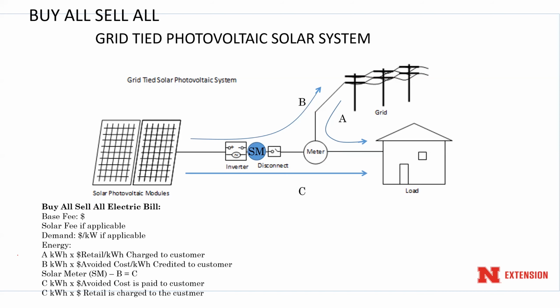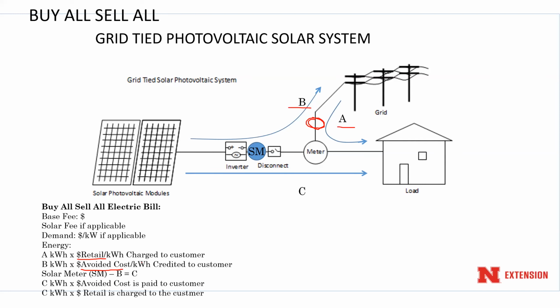Buy all, sell all is a little bit of a different situation. In this case, again, I'm going to buy all of A at retail. I'm going to sell all of B at avoided. But in a buy all, sell all, they're going to add a second meter. And they're going to add a second meter that's on, in this case, the customer side of the meter. Actually, think about the meter being here in most cases. I just have it drawn right there, but it's on the customer side of the meter, and that is measuring all the electricity that's coming out of the solar.